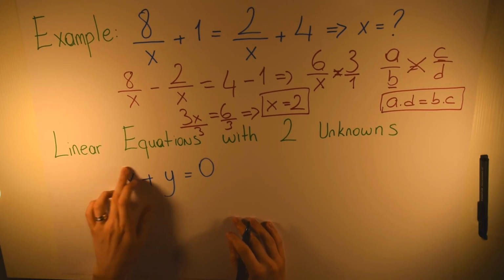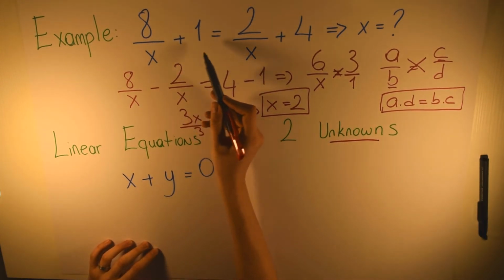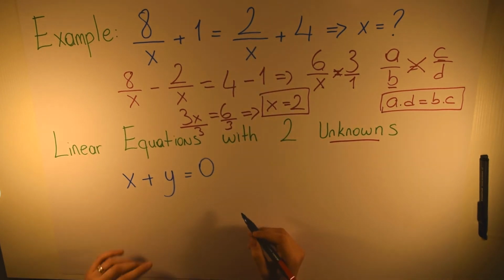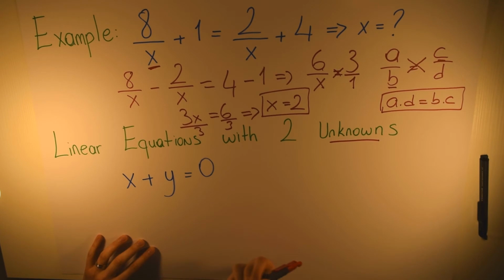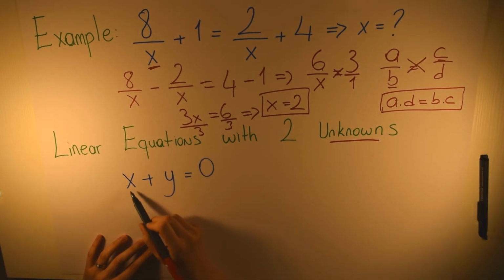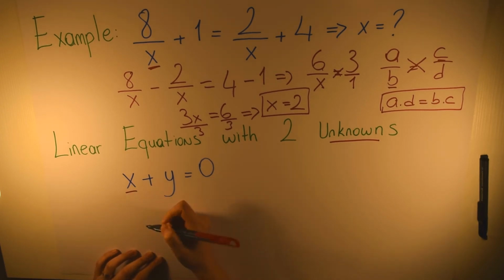So let's see linear equations with two unknowns. Okay, so in this kind of linear equations, we only have one unknown, right? It's x. But what if I have also another unknown? So here, for example, we have x plus y is equal to 0. So I have x, and also I have y here.